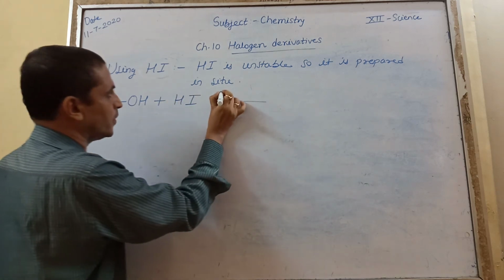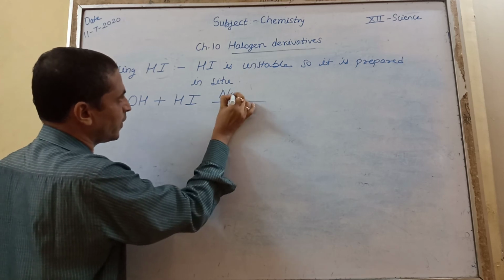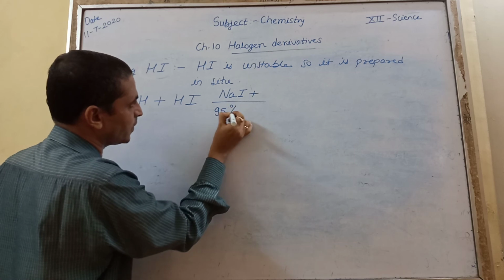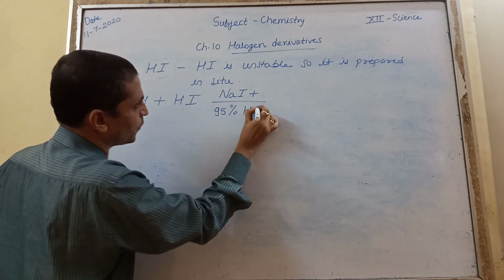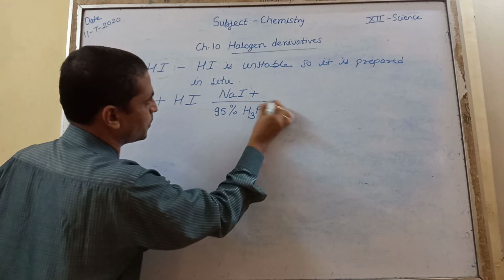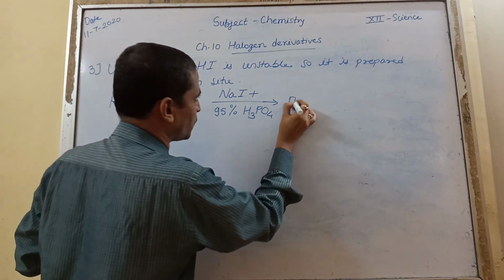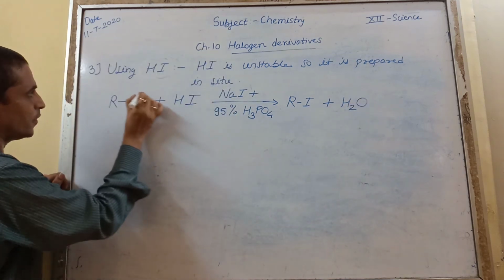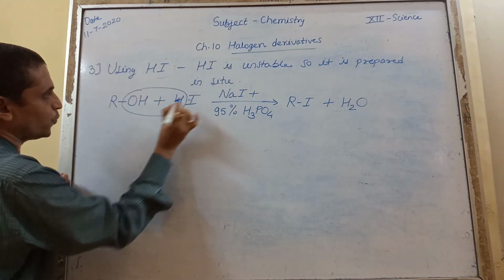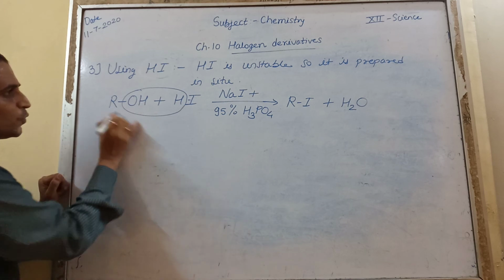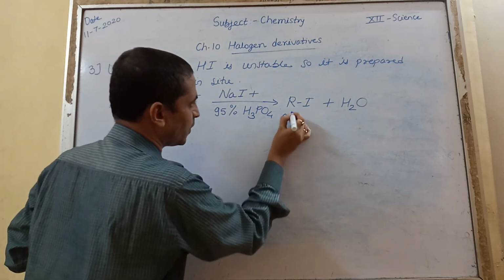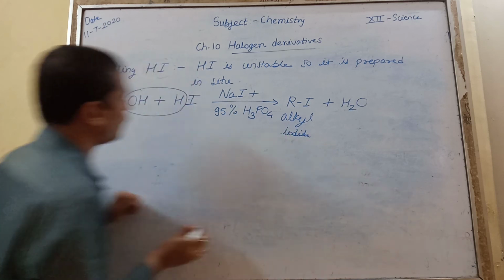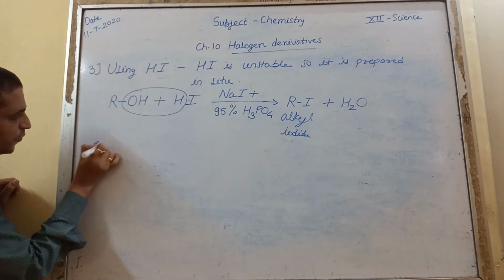Here the condition is, we require NaI plus 95% phosphoric acid. Formula is H3PO4, and here you get RI plus H2O. I told you, positive goes to negative. It is alkyl iodide. I hope one example is enough for this.